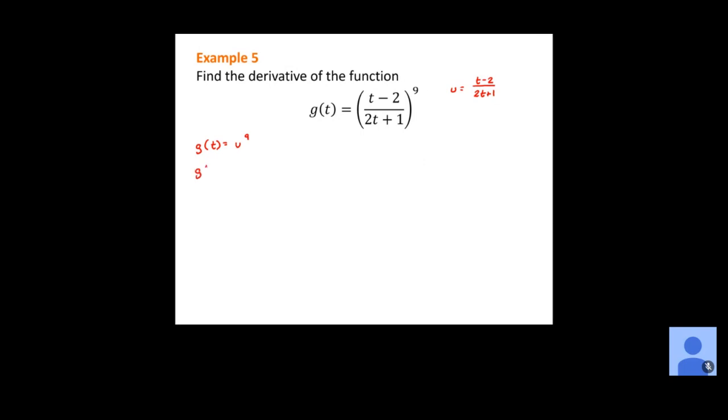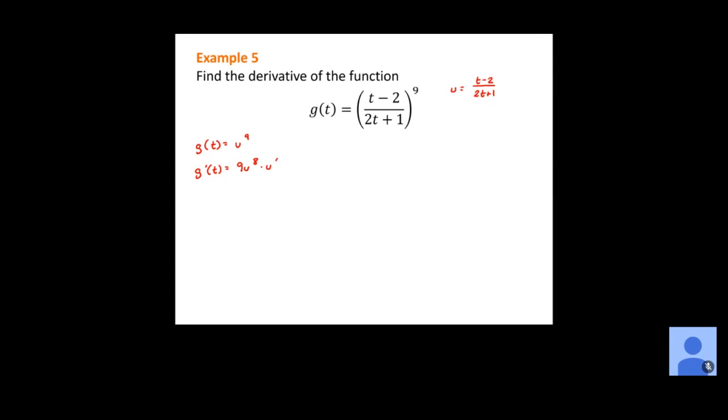Well, what's the derivative of this going to be in terms of u then? Good. So we need our 9u to the 8th power. That's just using our power rule. And then because it's a chain rule, we have to remember to multiply by u prime.